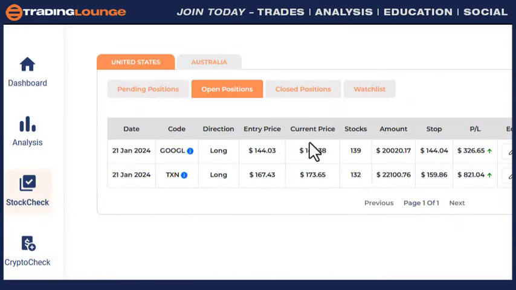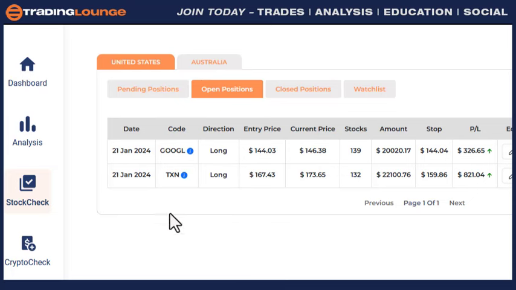For the US, we've put out a couple of trades, just warming up to the situation, and also Australian trades as well.